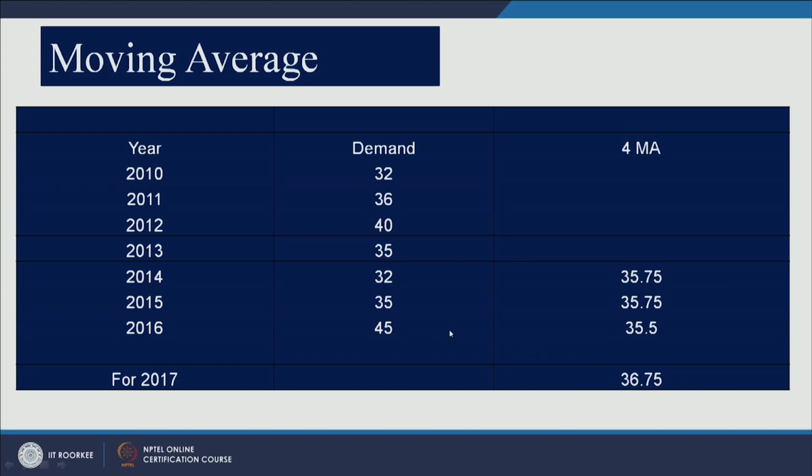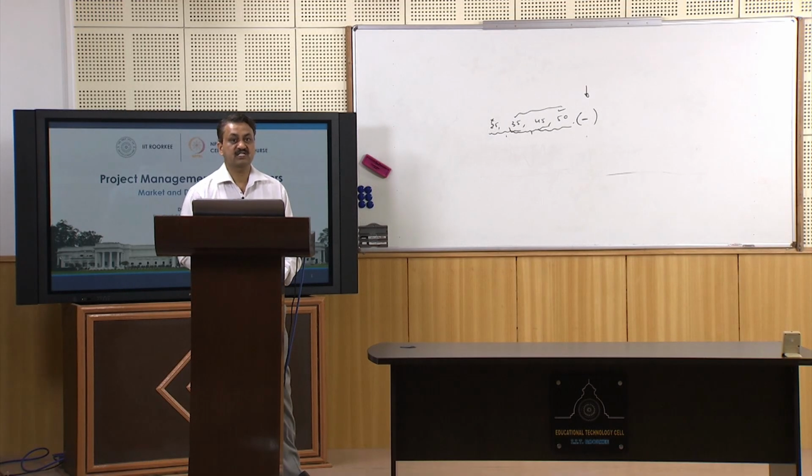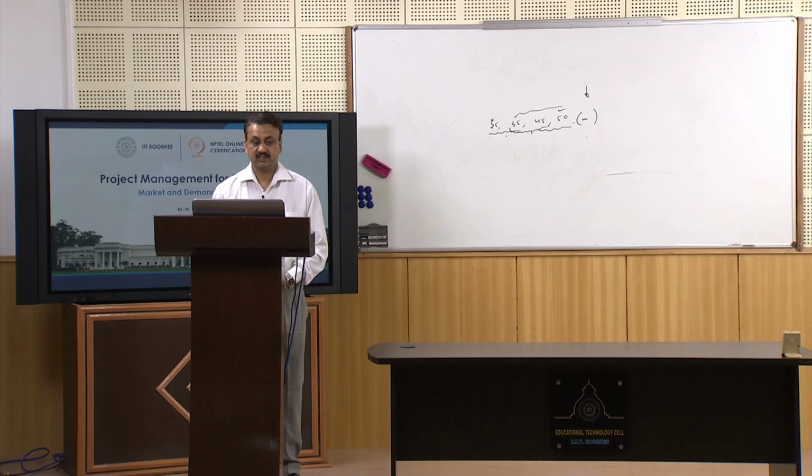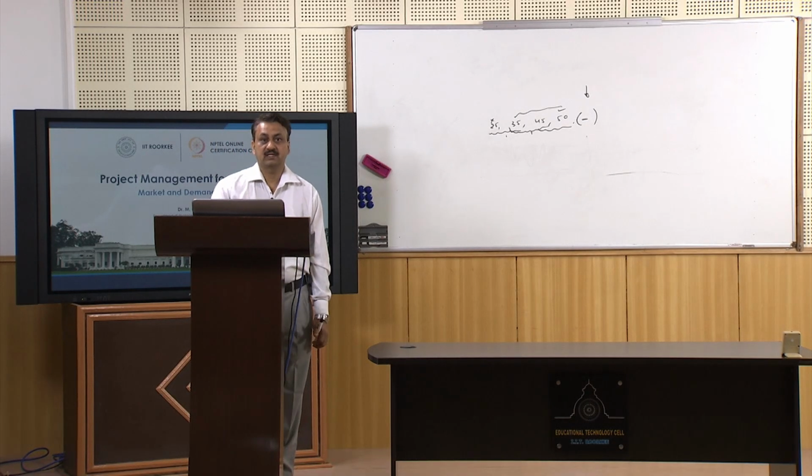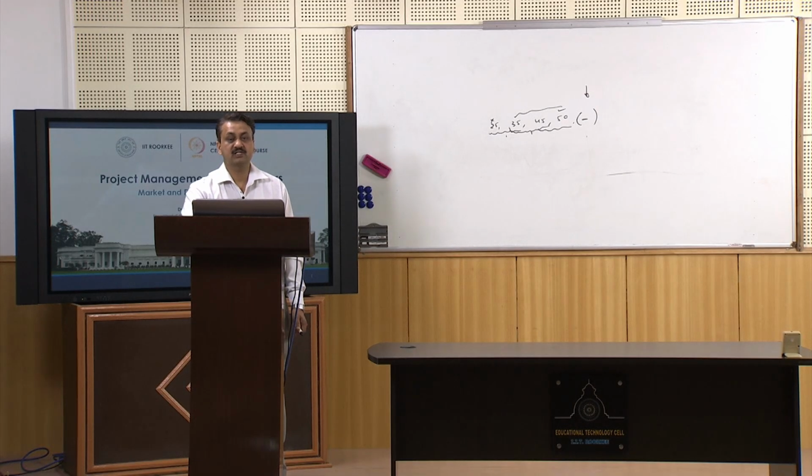So, the last 4 periods average is 36.75, right. How did you get this? 45 plus this plus this plus this divided by 4. So, the answer by the moving average method for this question is 36.75, right.